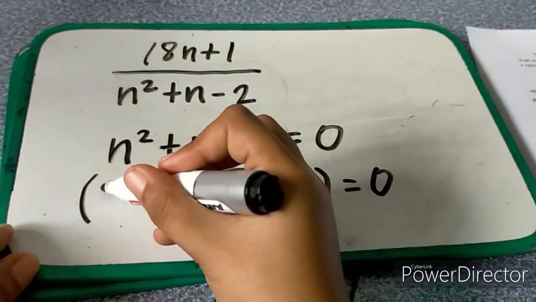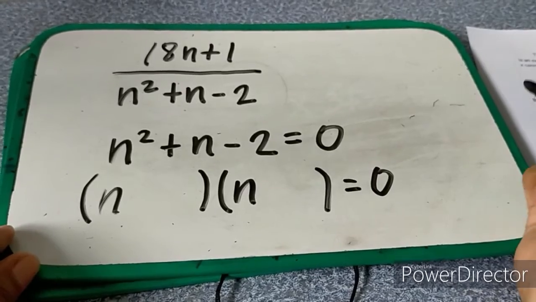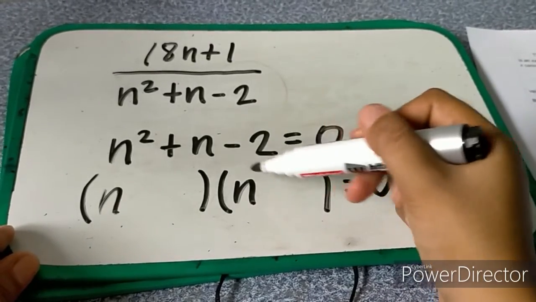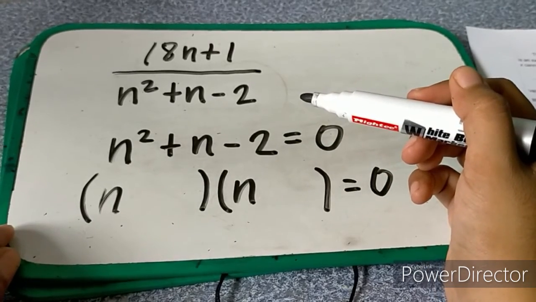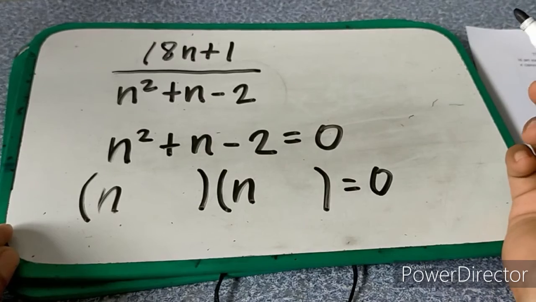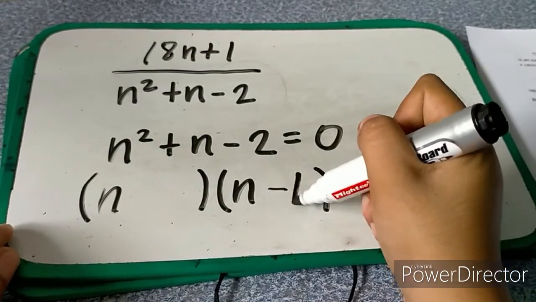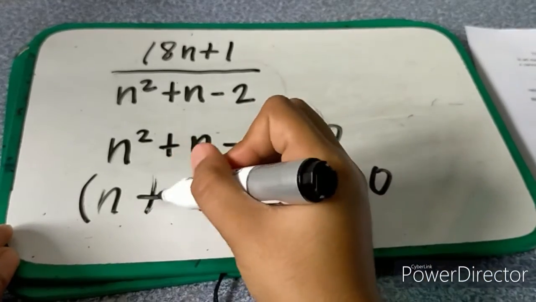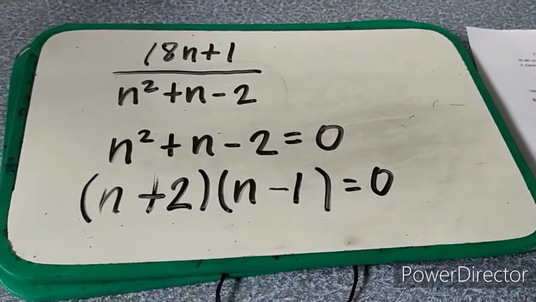So, factor the first term, n times n. Then, think of a factor of the last term, which when you added, the answer will be 1n or n. Correct. It is negative 1 and positive 2. So, mayroon na tayong factors, n plus 2, then n minus 1.